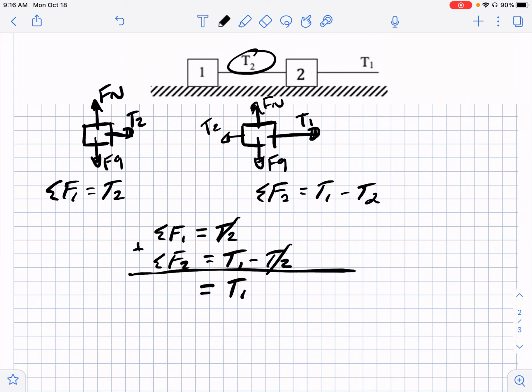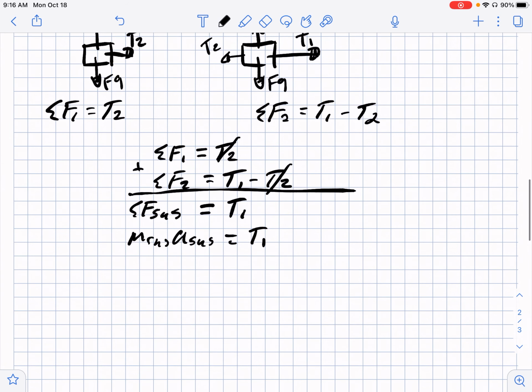And what we've done here is we've now solved for our net force of our system, object 1 and 2. Now remember, Newton's second law says that net force is equal to mass times acceleration. So what we end up with here is the mass of your system times the acceleration of your system is equal to T1. And now we can solve for the acceleration of that system.